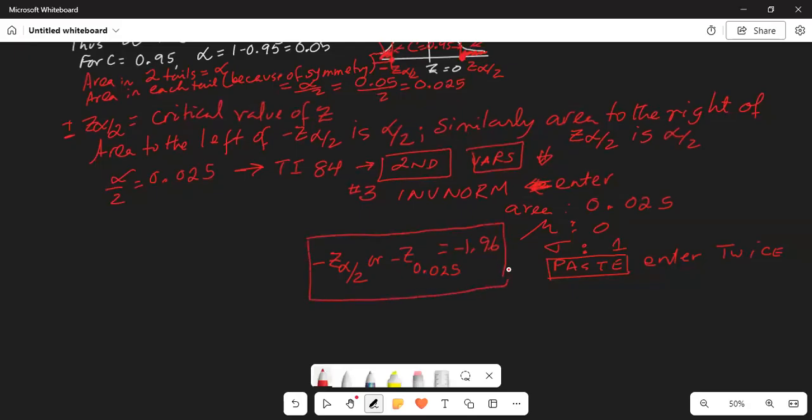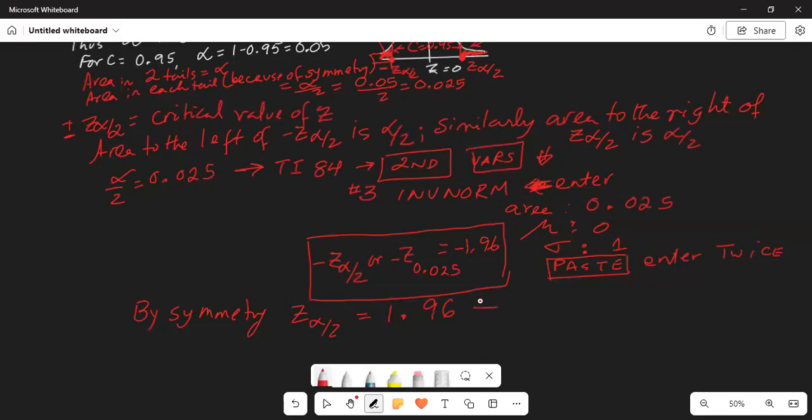Okay. So by symmetry, Z alpha by 2 on the right side is 1.96. Okay.